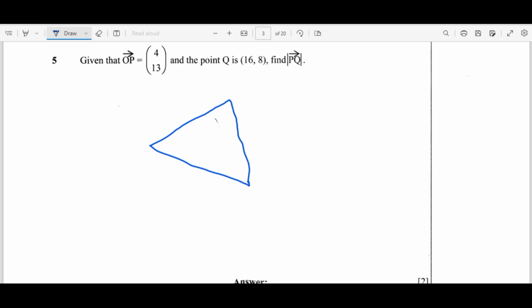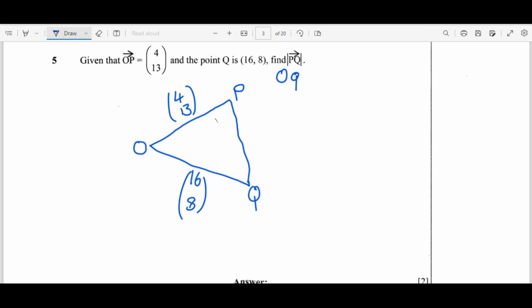Now from this triangle, this point, I'm going to call it the origin point O. Then this is my point P, so that the vector OP is (4, 13). This is our vector for OP. Then Q will be written here as OQ. So the vector OQ is (16, 8).